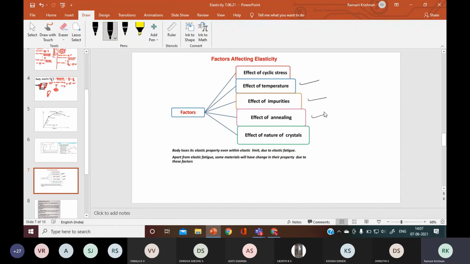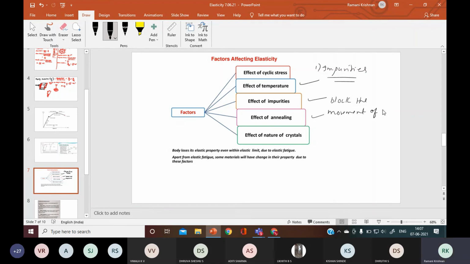Now, if the impurities are blocking the movement of ions, what will happen?